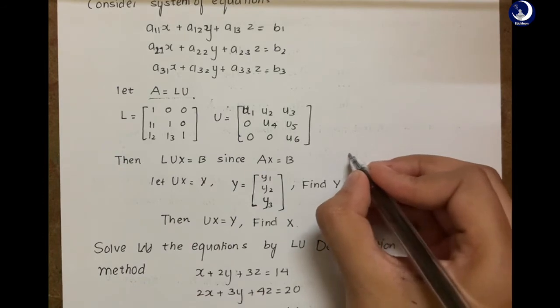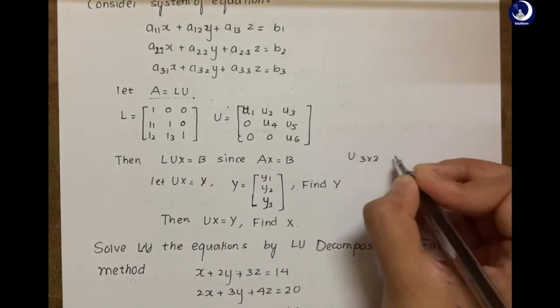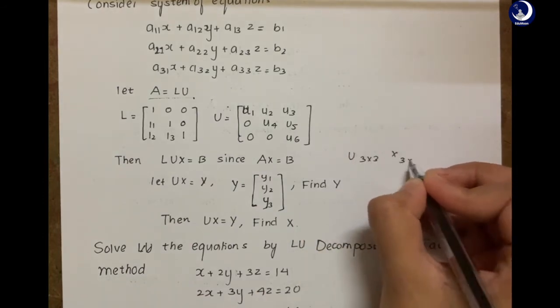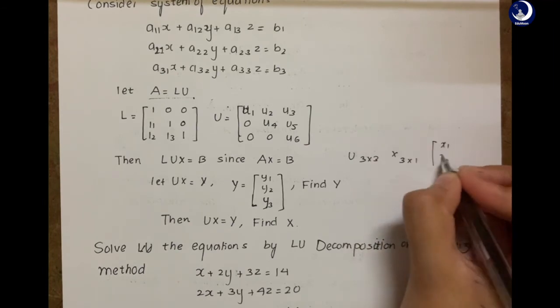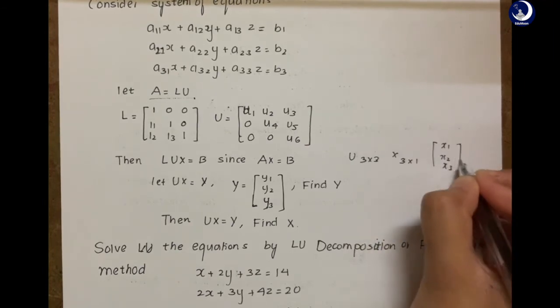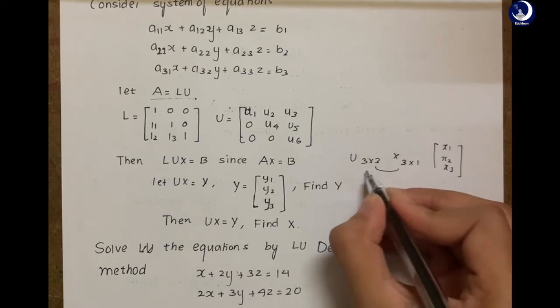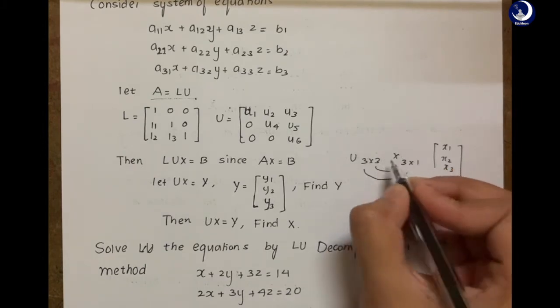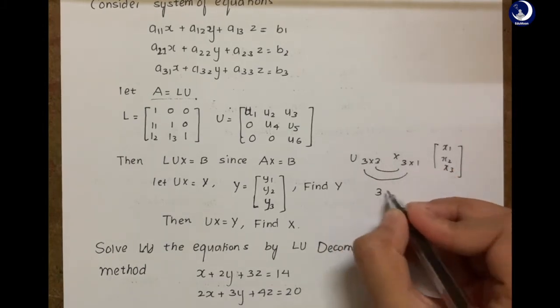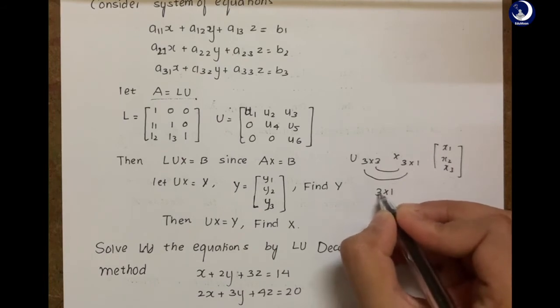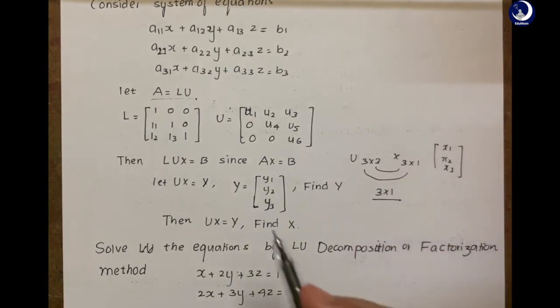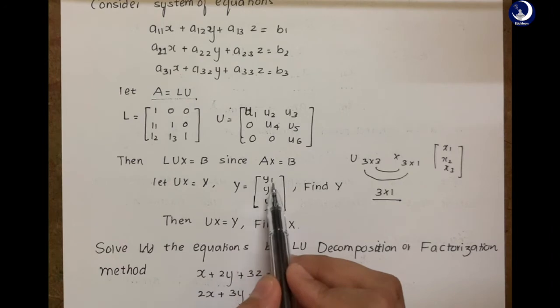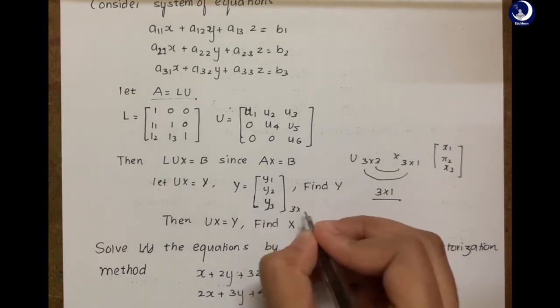U is a matrix of order 3 by 3 and X is a matrix of order 3 by 1, that is. So if U and X are multiplied, we'll be getting a matrix of order 3 by 1. So y equal to y1, y2, y3 of order 3 by 1.